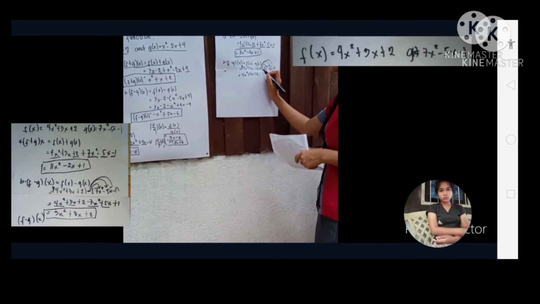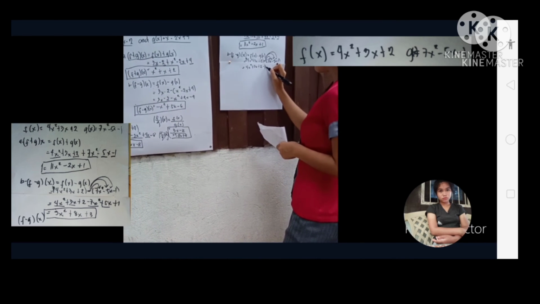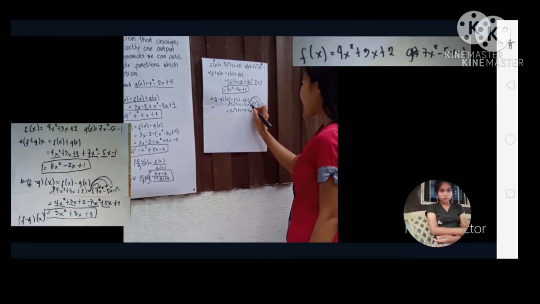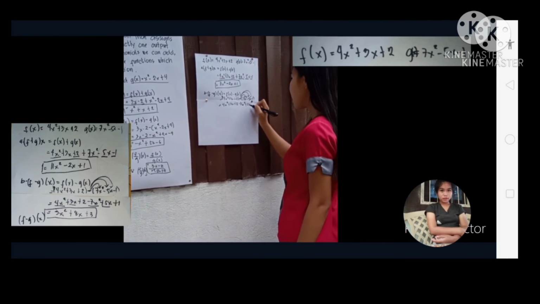Negative times 7x squared is negative 7x squared. Negative times negative 5x is positive 5x.